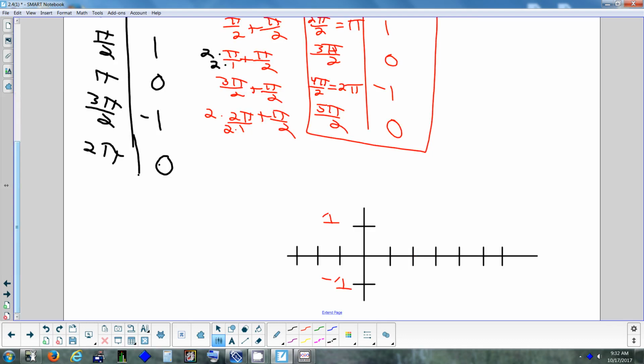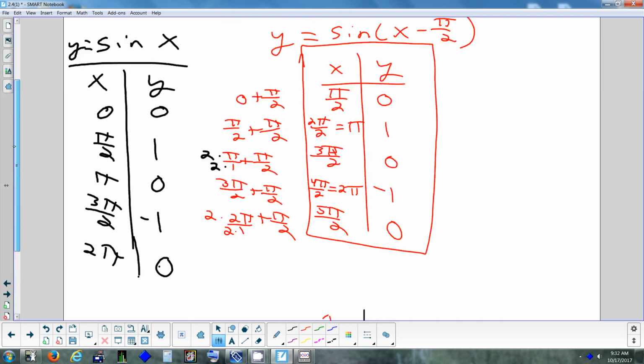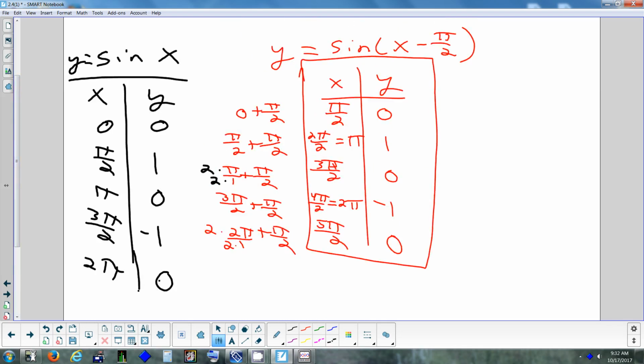You have to make sure that all the labels are equally spaced. So you could go 2, 4, 6, 8, 10, 5, 10, 15, 20, however you want to equally space it. Well, we're going to equally space it using those values.